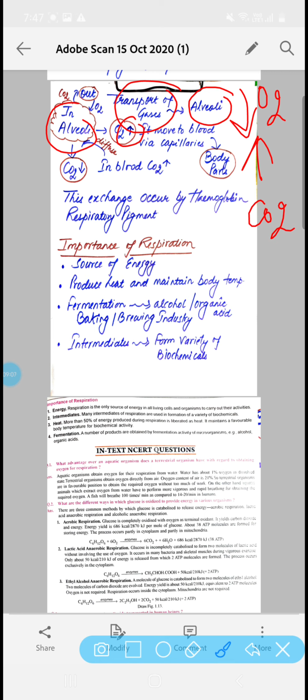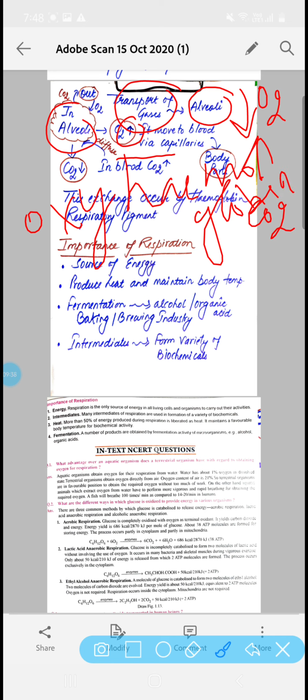So from alveoli, this oxygen binds with the hemoglobin to form the oxyhemoglobin, and then via the hemoglobin it will move to the blood via the capillaries, and that blood, the hemoglobin that is present in the RBCs, when it combines with oxygen, it forms oxyhemoglobin.